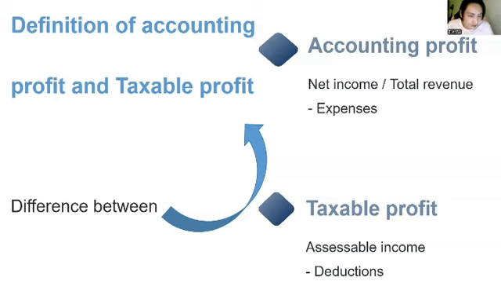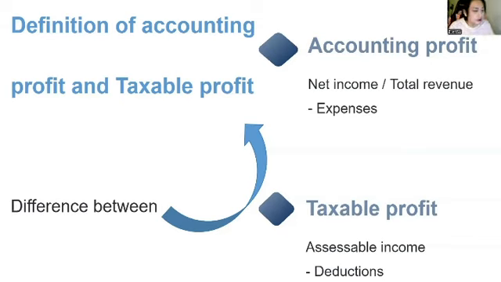It equals net income, or total revenue minus expense. The cost can be considered as labor expense, inventory, raw material cost, and sales and marketing cost. However, it does not include opportunity cost.